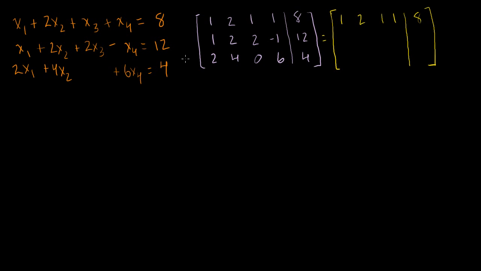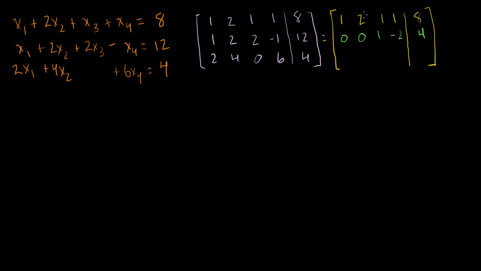Let me replace the second row with the second row minus the first row. So 1 minus 1 is 0. 2 minus 2 is 0. 2 minus 1 is 1. Negative 1 minus 1 is minus 2. And then 12 minus 8 is 4. There you go. That looks good so far.